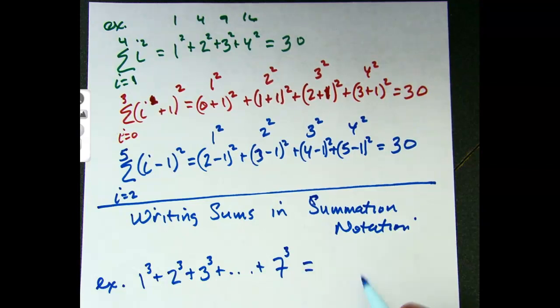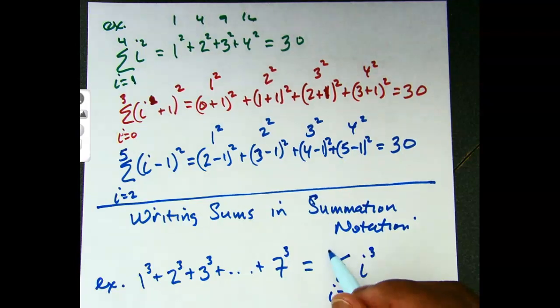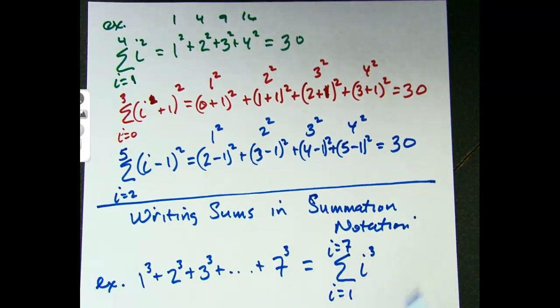So the summation here, it's going to be I cubed. Our lower limit starts at 1, and we end at 7. So here's our lower limit 1, first term 1 cubed, upper limit 7, last term 7 cubed. And we're done. Let's try another one.